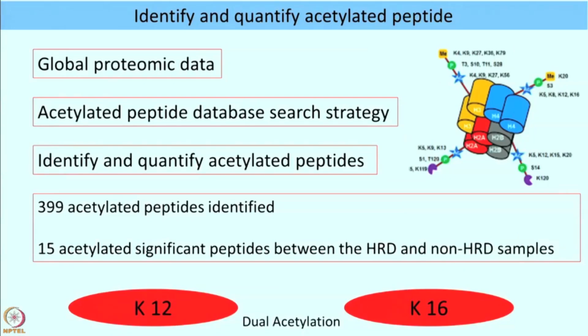From these significant acetylated peptides, they found K12 and K16, that is acetylation of lysine 12 and 16. They validated K12 and K16 using synthetic peptides and targeted analysis using SWATH-MS.